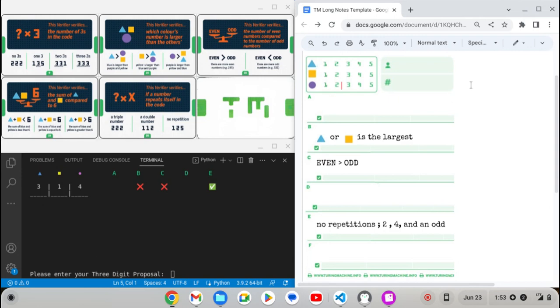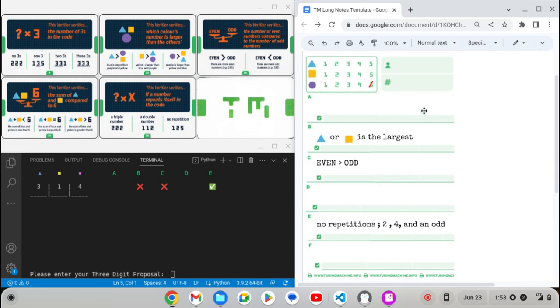Okay, so since it's either triangle or square that is the largest, I think the only thing I can say for sure is that circle cannot be a 5. Because if it were a 5, then triangle or square, what would they be? Unfortunately, I don't think I can cross out ones customarily, as we do with criteria card D, when you cancel out the other values.